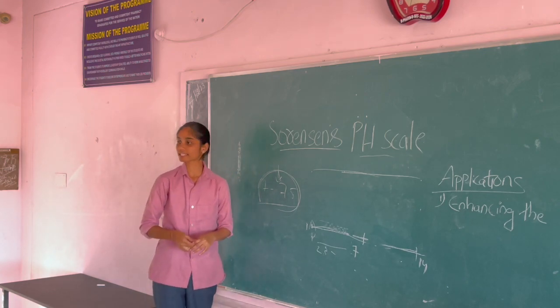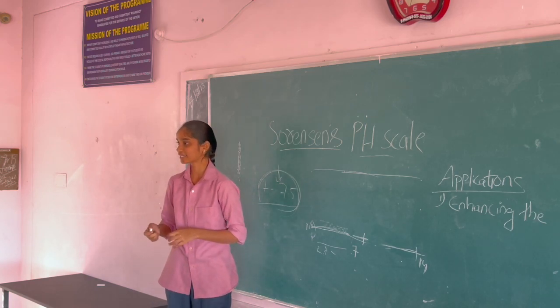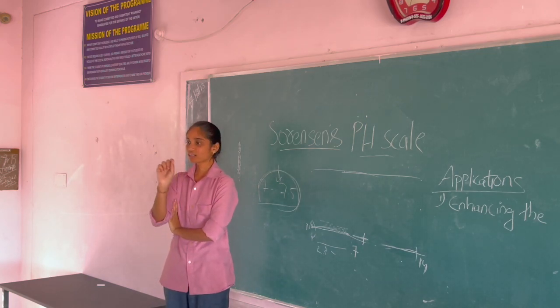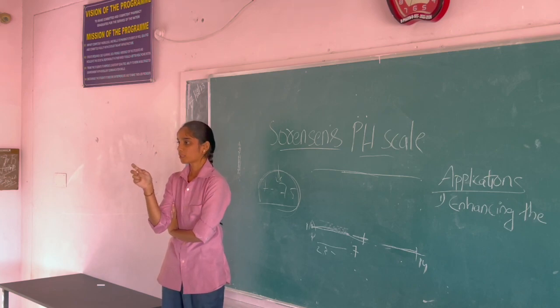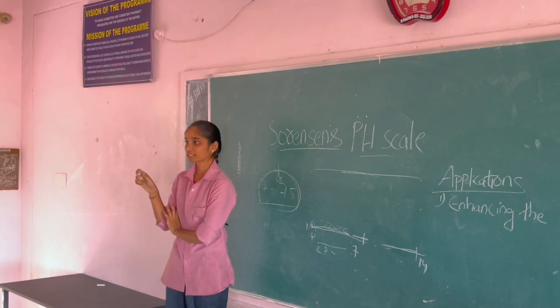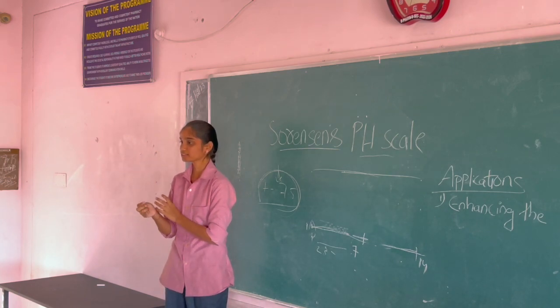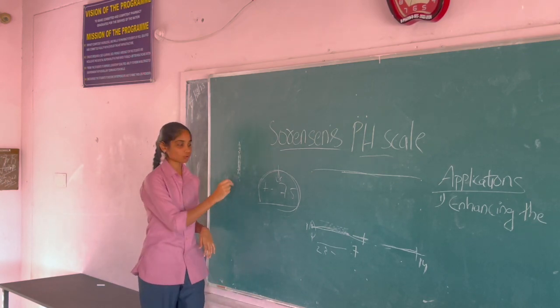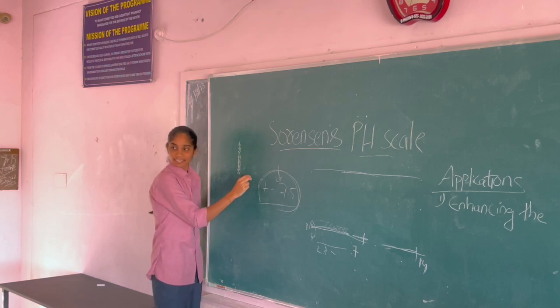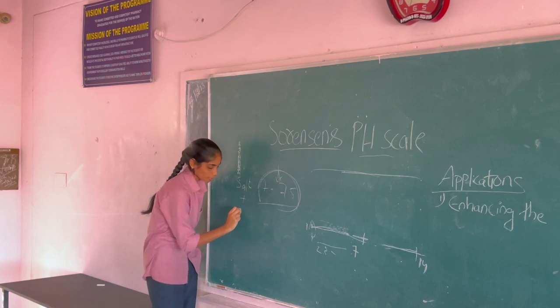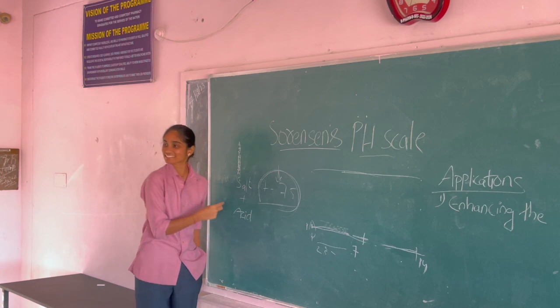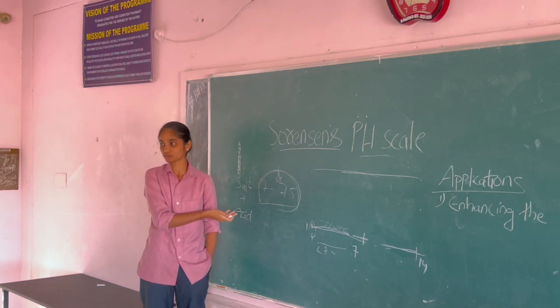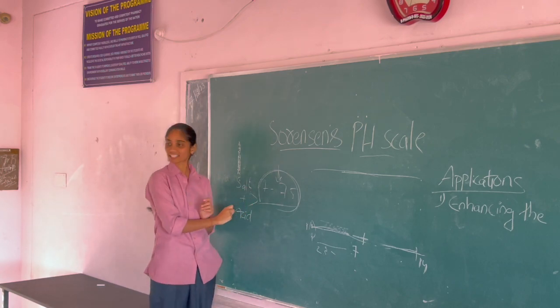For example, if we take sodium salicylate, it is in a salt form. If I acidify that sodium salicylate, I am going to add acid to the salt, and an acid hydrolysis reaction will take place.